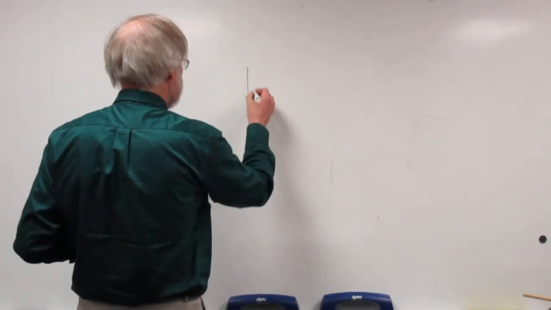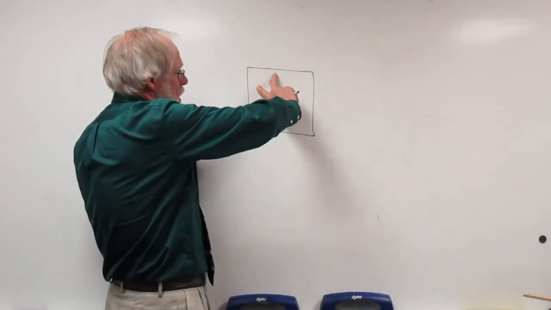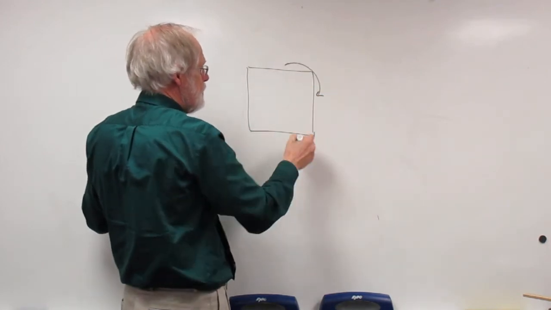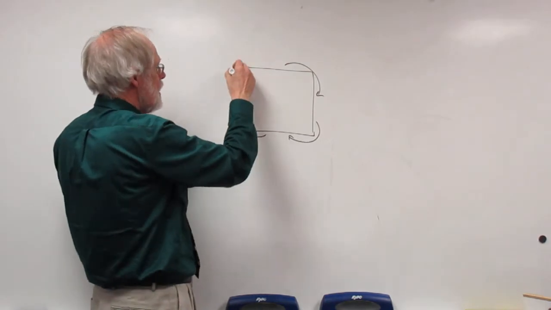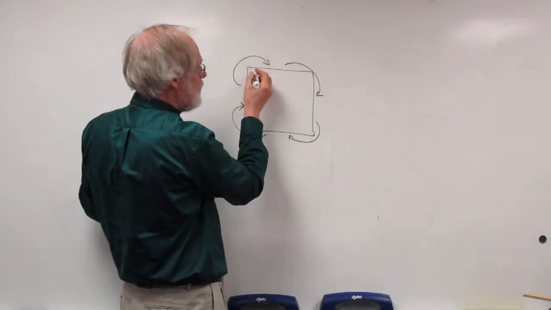If I take, 180 degrees or less, a square has rotational symmetry because it maps onto itself by a rotation of 90 degrees. So let's take a square here. If I turn this square 90 degrees, that means this side is going to move to here, this side moves to here, this one to here, and this one to here. And I've turned it. Now let's see how that would work.